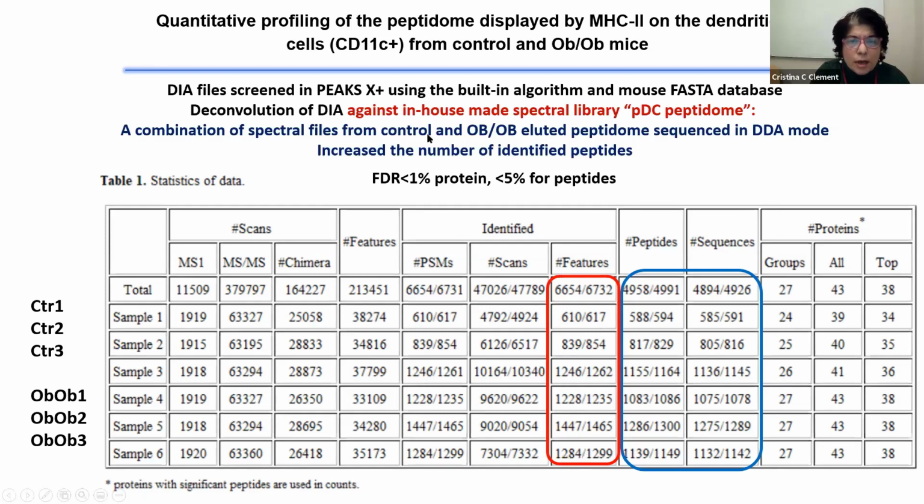And actually, I just have to say that I'm very confident that a combination of spectral library independent analysis of DIA against FASTA would help to have a higher accuracy and a better improvement of the immunopeptidomes.